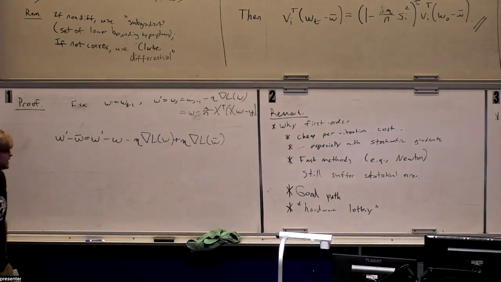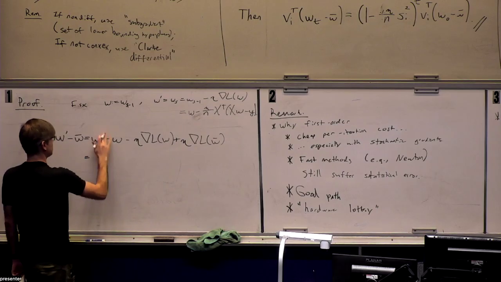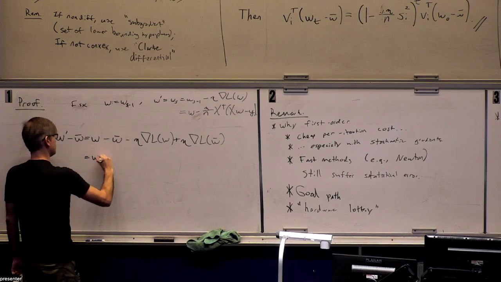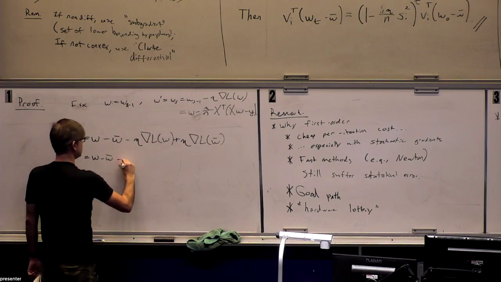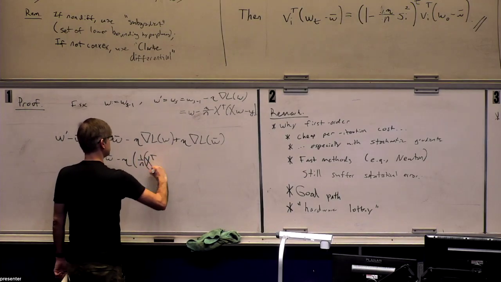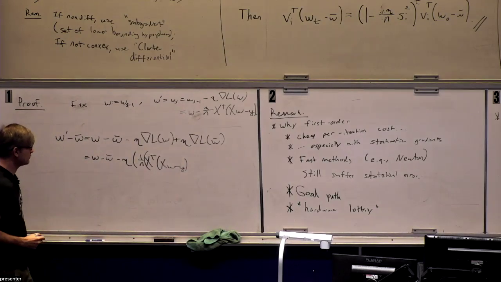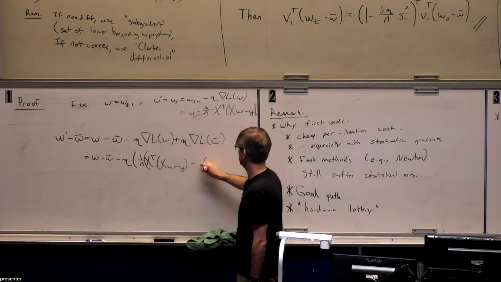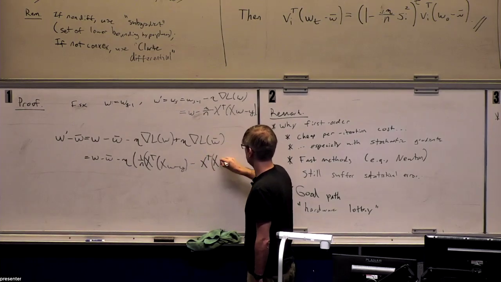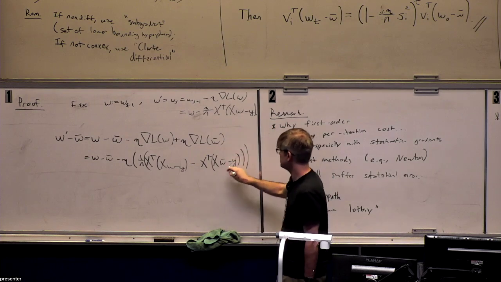Again, for those of you that like doing it yourselves, I urge you to just finish the proof while I'm talking, because we only really have one choice at every step of this. Okay, let's expand the definitions here. So I get eta and then 1 over n X transpose (XW minus Y). And then I'm going to get the same for W bar: X transpose (X W bar minus Y). And nicely, these will cancel.